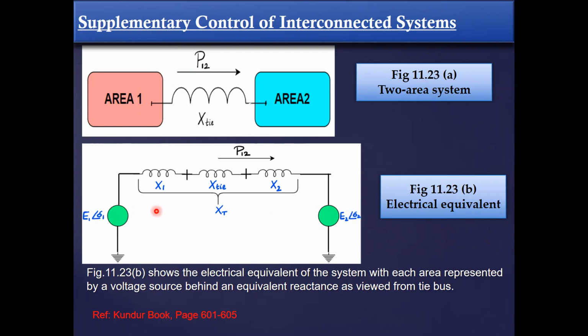This could be the combined reactance of the generator and the transformer. This is the bus for this AC source, and this is another bus for the other AC source. And this is the representation of the inductive line here. So we can combine all the three reactances for the two sides and the line itself. So this is the total reactance here, right?